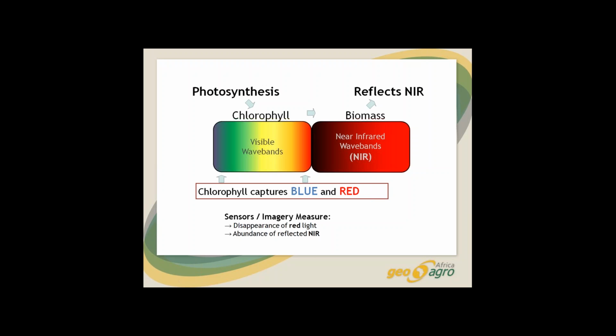So plants absorb light and they also reflect depending on their biomass. We're going to measure two things: how much of that visible range disappears, how much is absorbed by the plant, and how much near infrared wavebands is reflected.